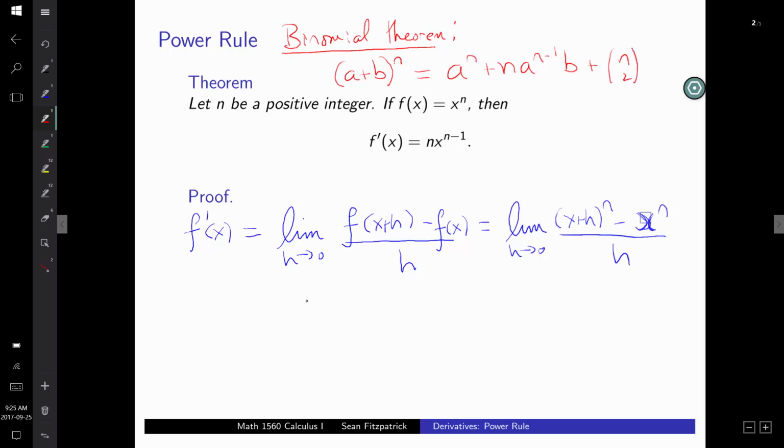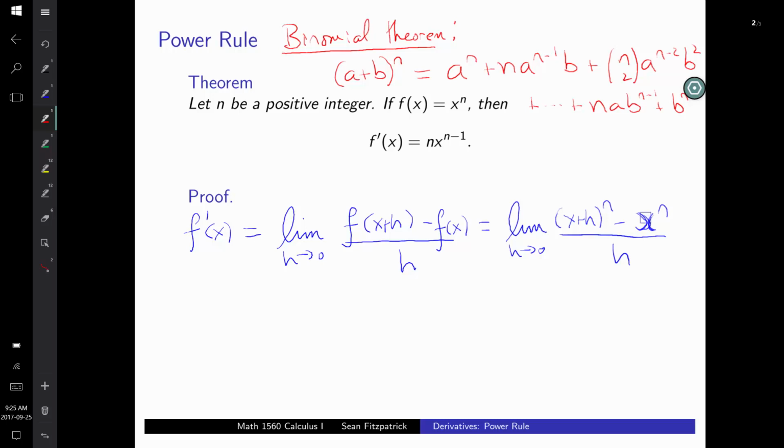They're read as n choose 2 because they're also related to permutations and combinations. It tells me the number of ways I can choose two items out of a set of n items. a to the n minus 2 times b squared, and so on down to n times a times b to the n minus 1, and then the last term is b to the n. Okay, so that's the binomial theorem.